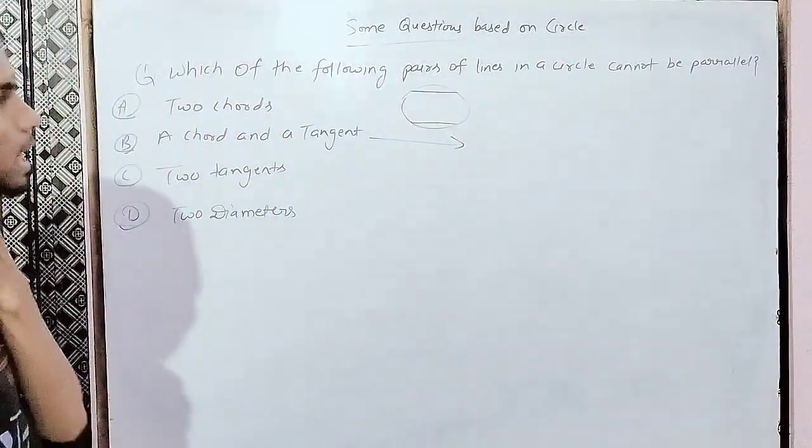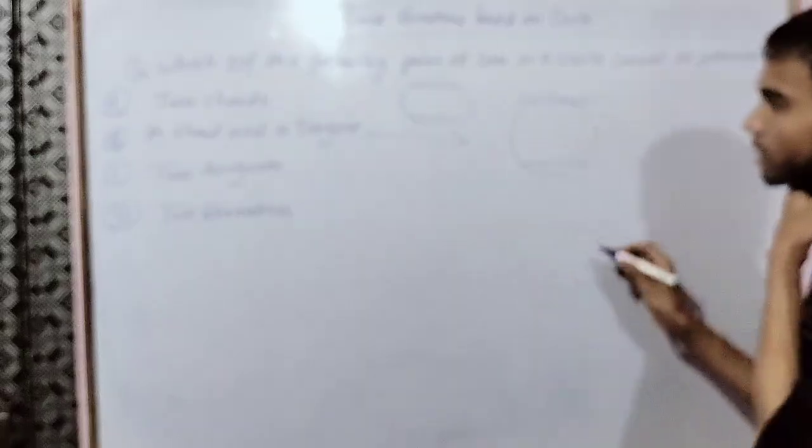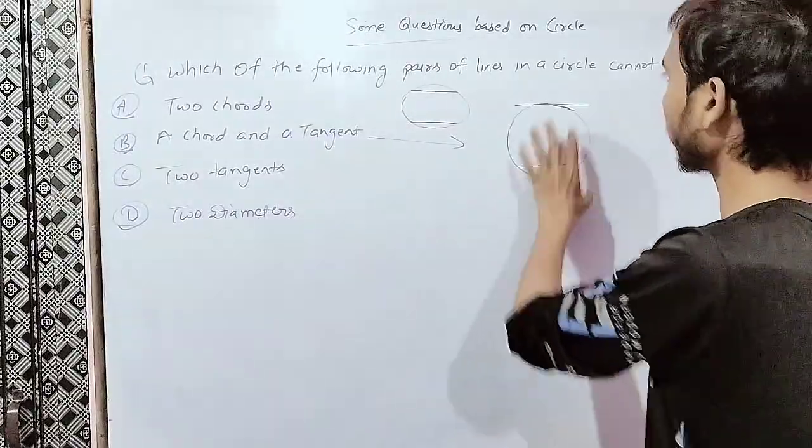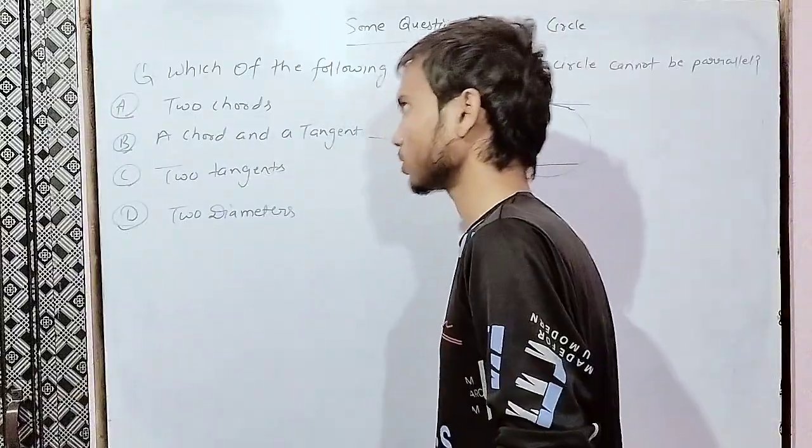So what about this? A chord and a tangent. This is a chord and this is a tangent. You can see, yes, a chord and a tangent. It is not saying two tangents.